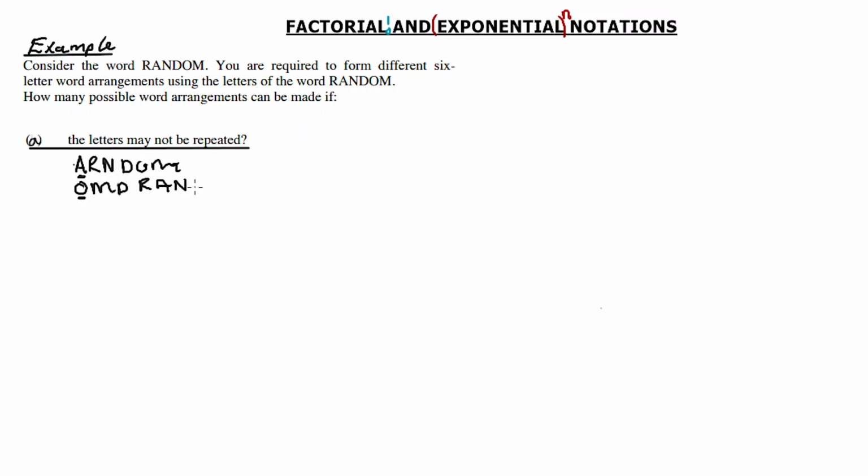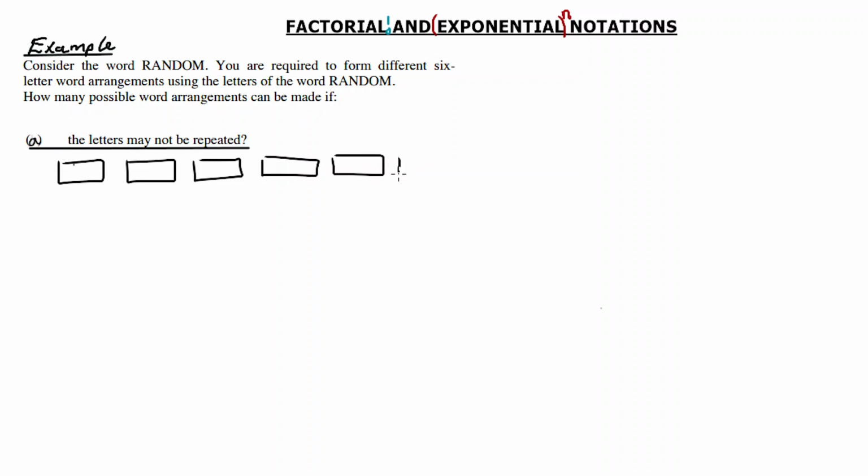So since the letters are 6, let's do this. I will make blocks here. Block number 1 is for the first letter, block number 2 is for the second letter, block number 3 third, block number 4, block number 5, and block number 6, right?